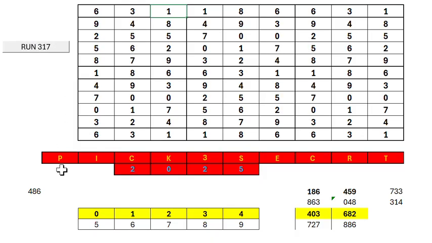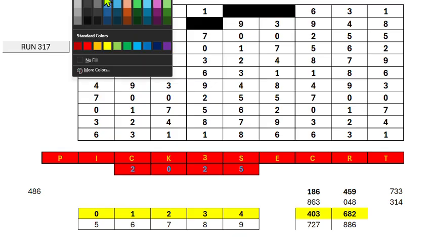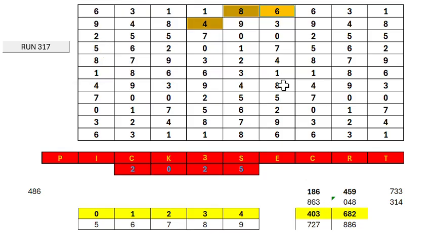I run that. Now I gotta find the 486 in this chart. It's gonna be all attached. Okay. And right here, 486. See, it's not straight, but it's still attached together. So make that orange.